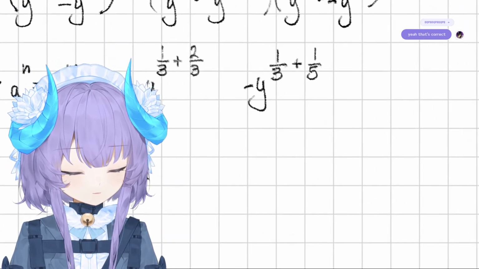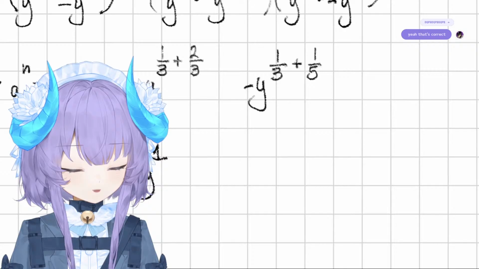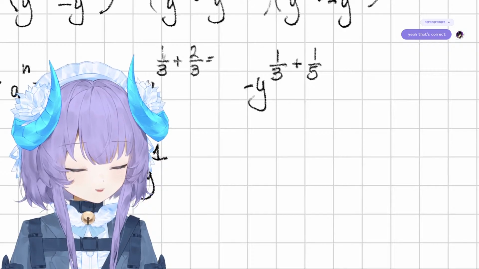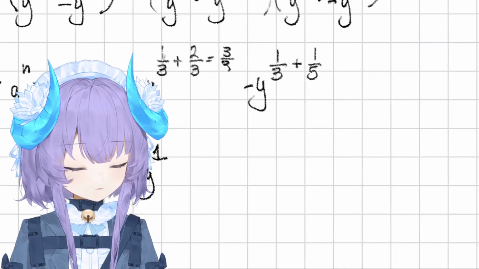Okay, these ones become y with a 1 on top because these equal 3 over 3.